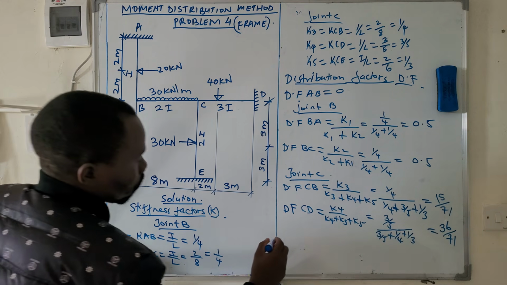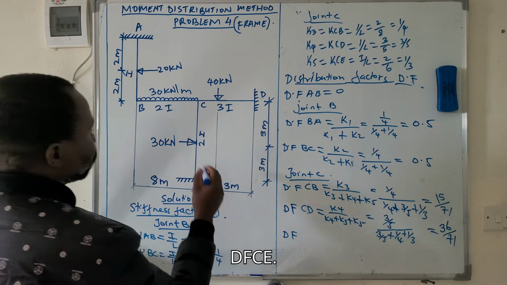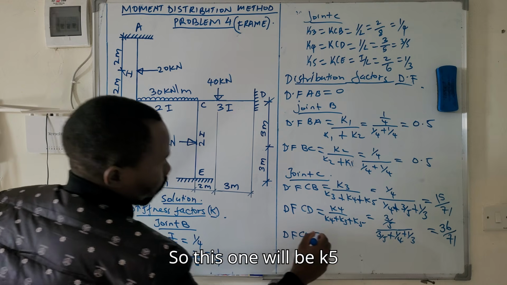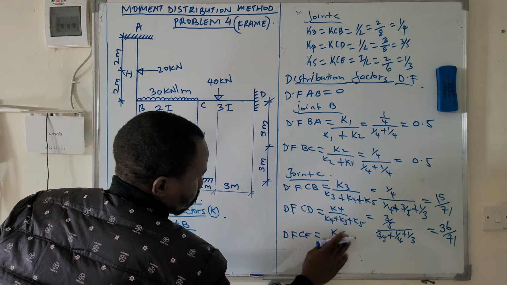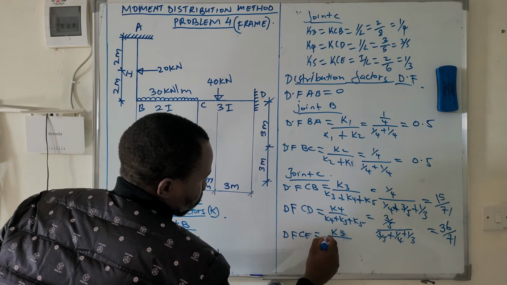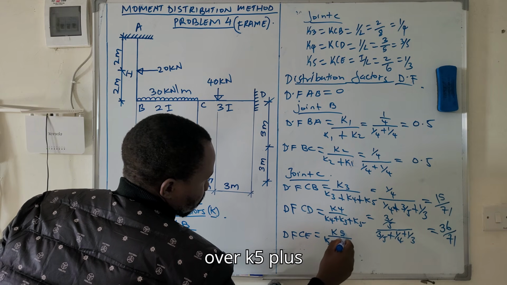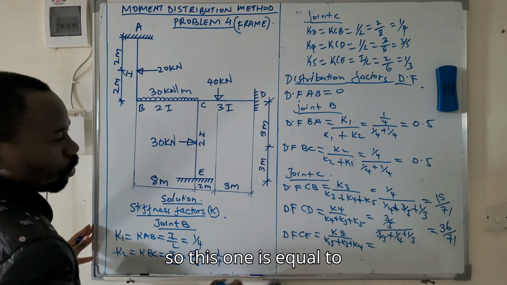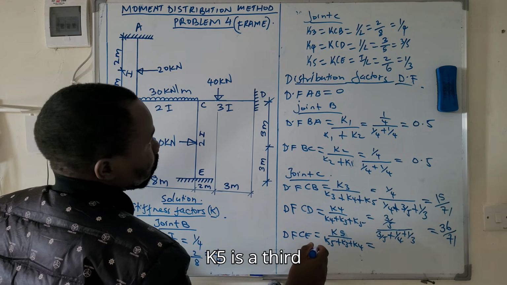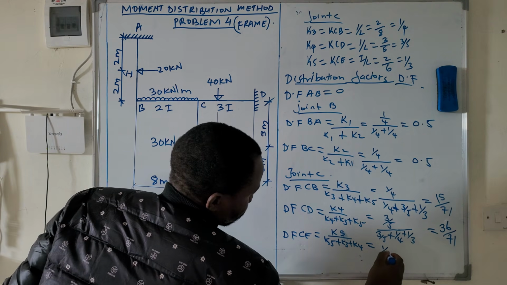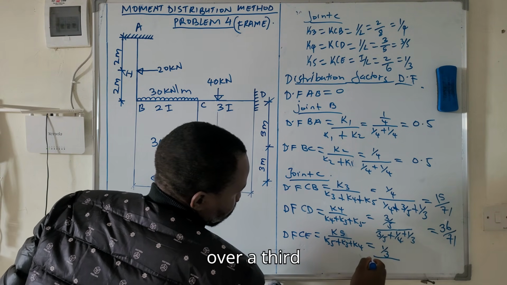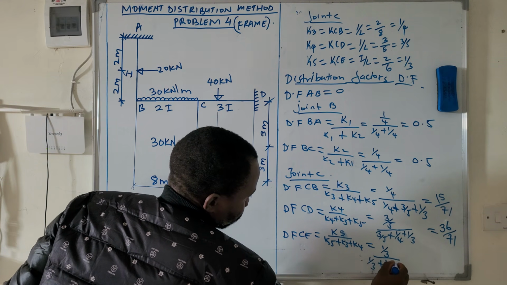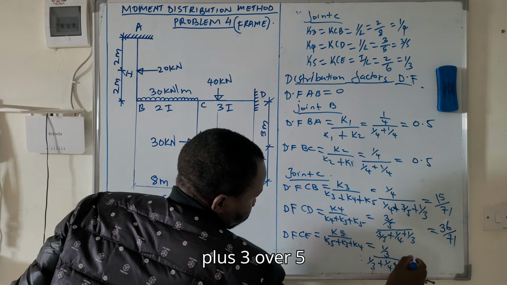The last one, DF CE. This one will be K5 over K5 plus K3 plus K4. K5 is a third, over a third plus 1 over 4 plus 3 over 5.